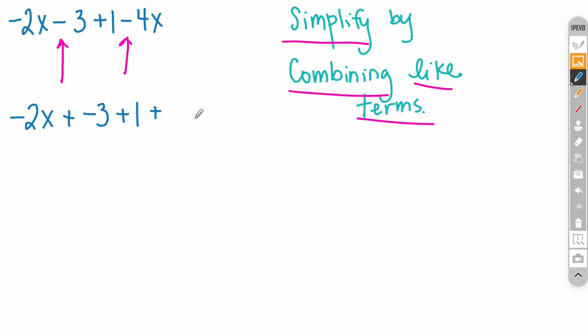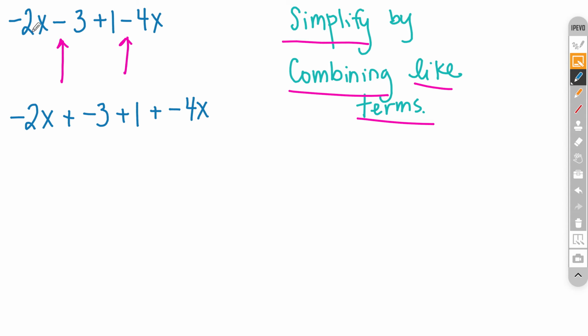And you'll rewrite plus 1. You'll write this minus 4x as plus negative 4x. And the big reason for that is because students really struggle; they forget, they will ignore certain minus signs that really function as negatives.